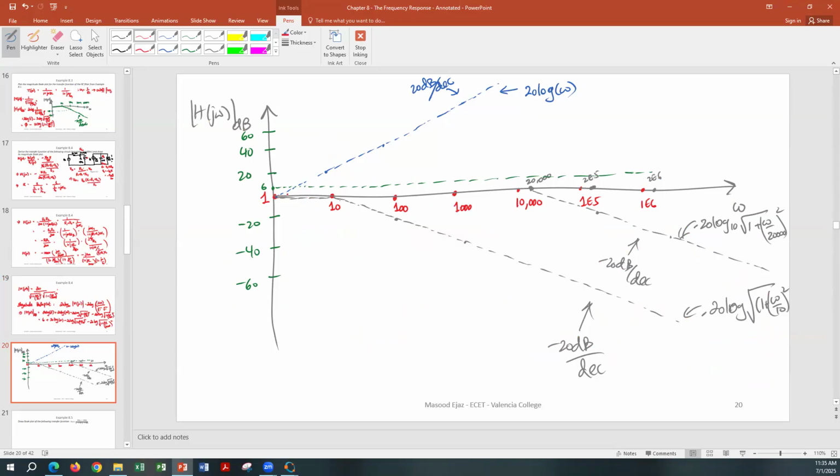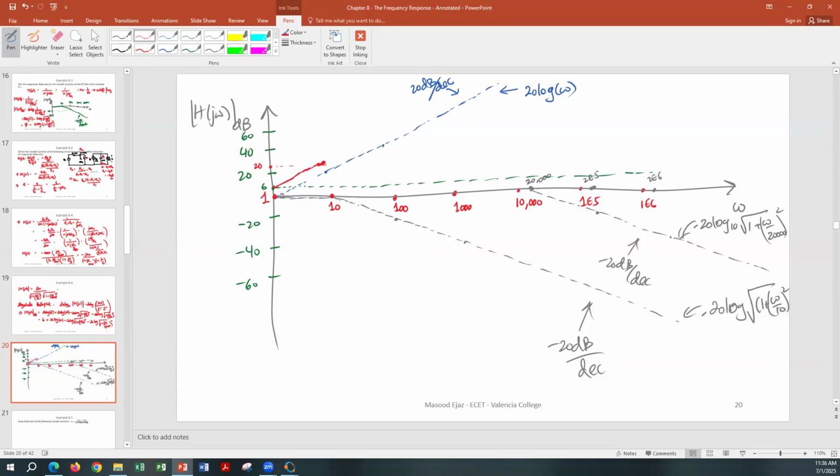So up to 10, we start with 6, and we increase up to 10 at 20 decibel per decade. So it's going to go up to 26.